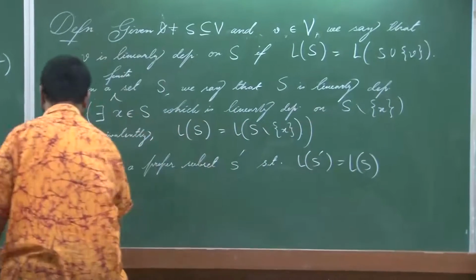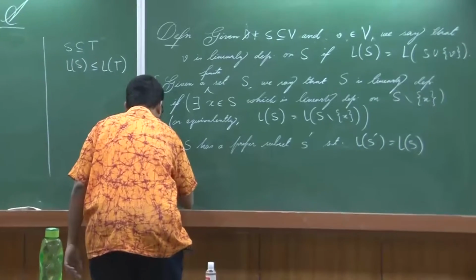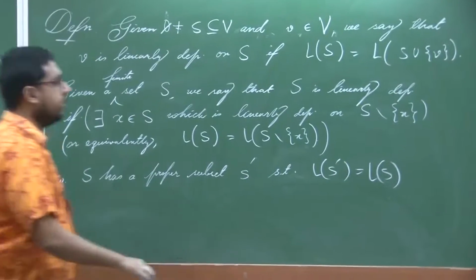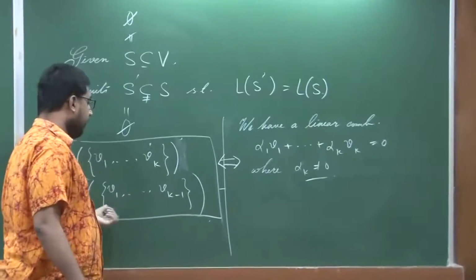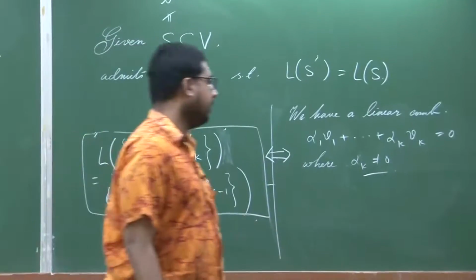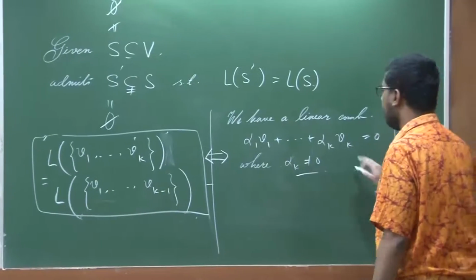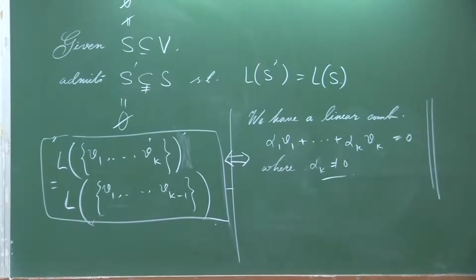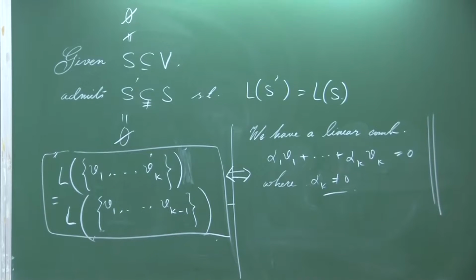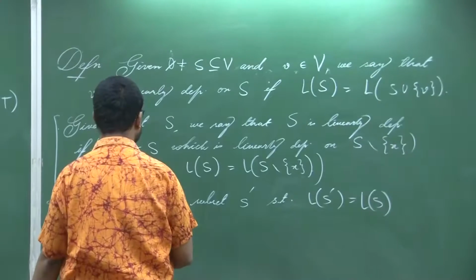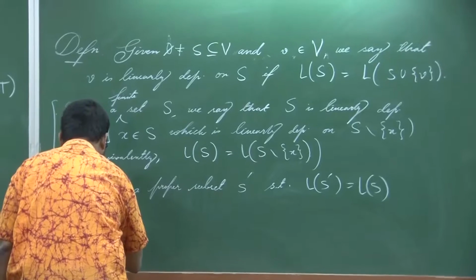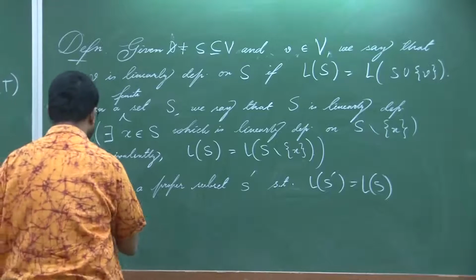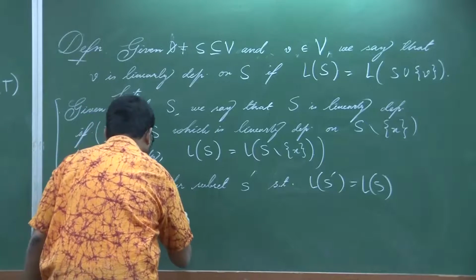Now, I will make another equivalent definition of linear dependence. If you remember, V k is linearly dependent on V 1 to V k minus 1, equivalently we have a linear combination having the coefficient of V k non-zero, but the combination happens to be 0. A better way of writing that is the following: we label the elements of S as V 1, V 2, up to V k.